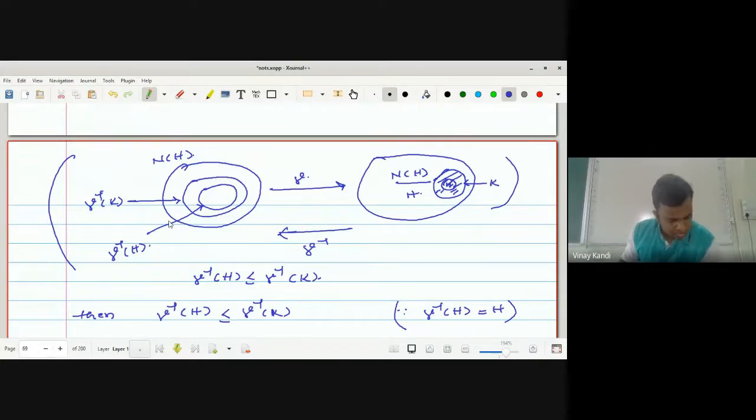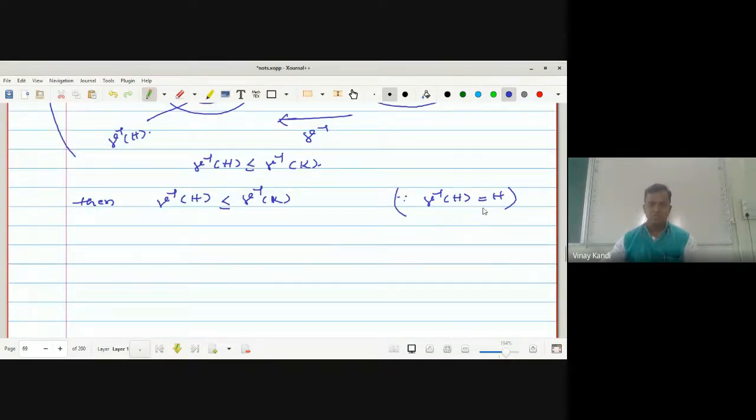Sigma inverse of H, under the onto homomorphism. Sigma inverse of H, the map of the identity is the identity there. Okay, so sigma inverse of H is equal to H. I will tell you later how this comes.